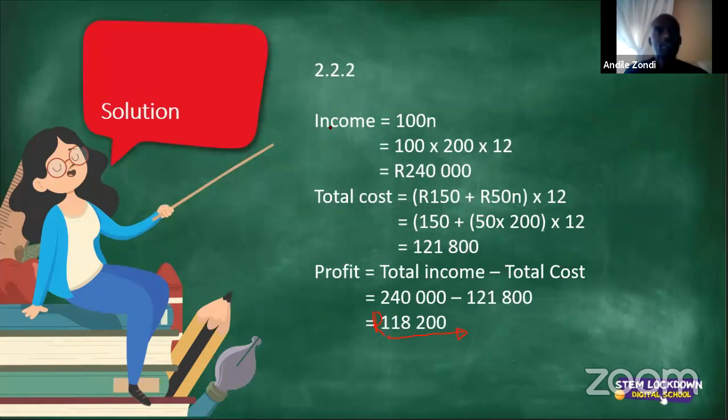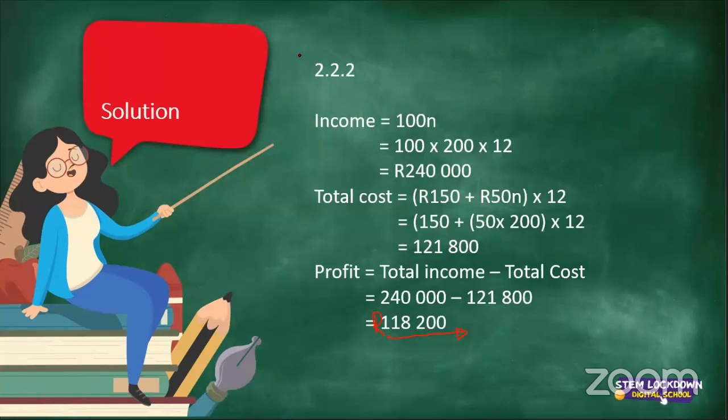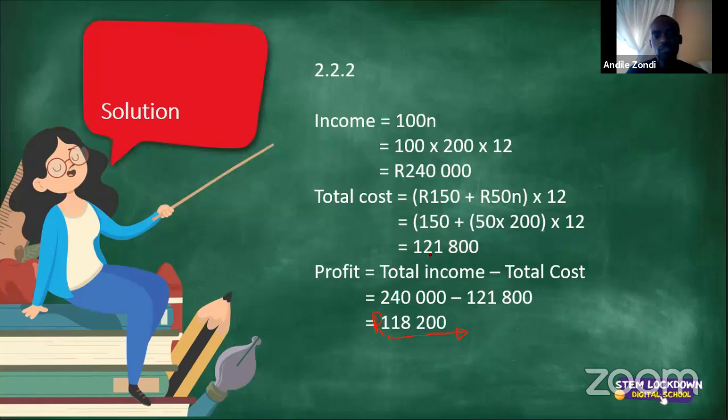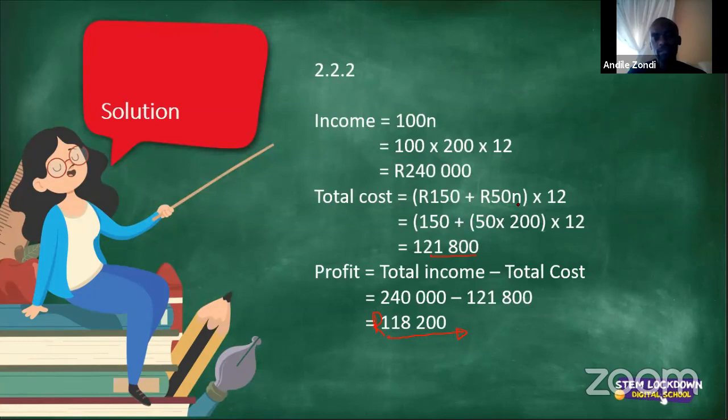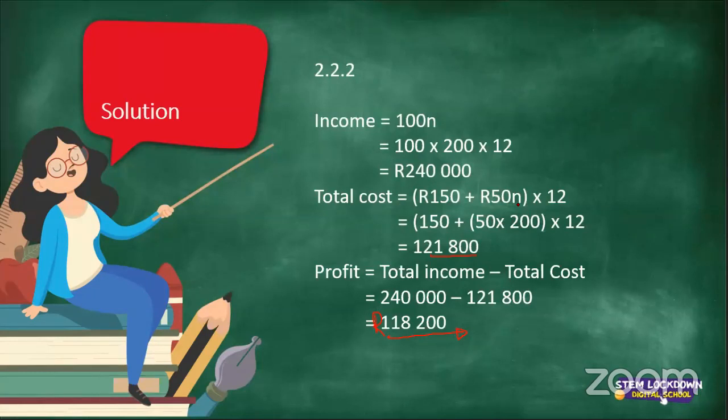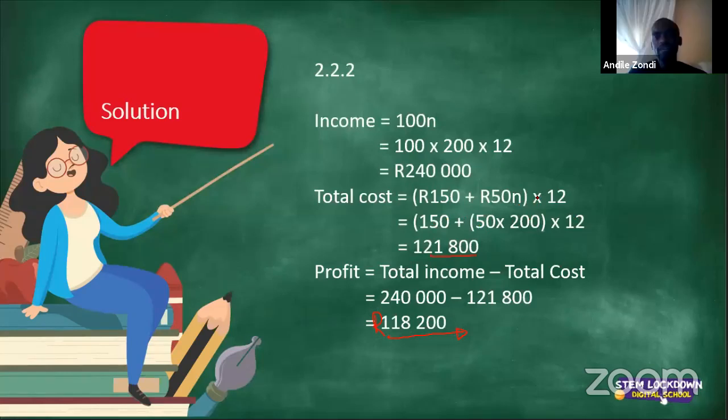Someone has raised their hand. For the total cost answer, I am getting 120,150. Yes, the total cost. You said 50 times 200, right? Remember, everything is multiplied by 12, and then that answer plus 150, right?